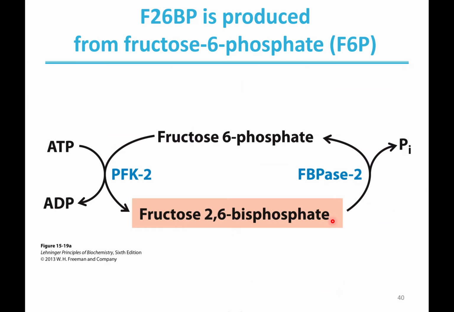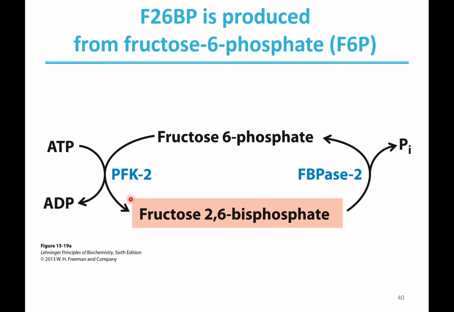Now where it gets really confusing: how is F26BP, fructose 2,6-bisphosphate, produced? Well, it's produced from fructose 6-phosphate, which is an intermediate of glycolysis. Some of that doesn't go through glycolysis and is used to produce fructose 2,6-bisphosphate.